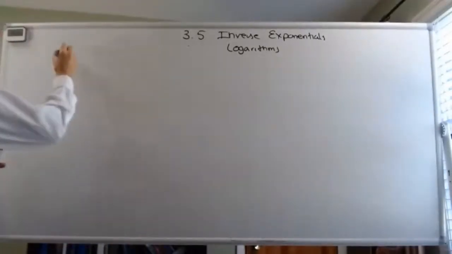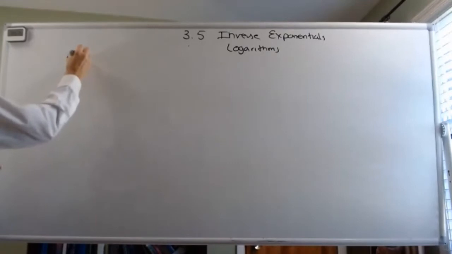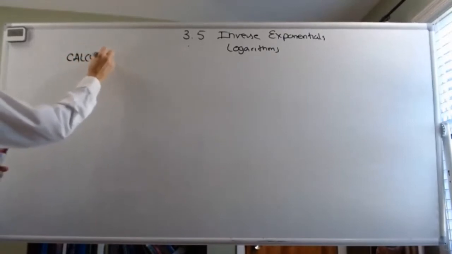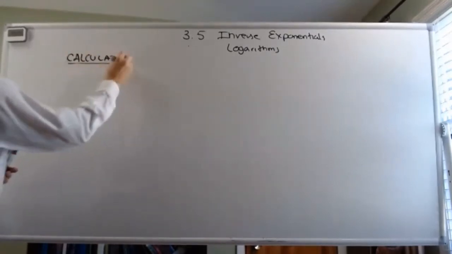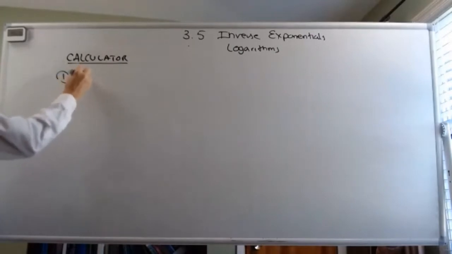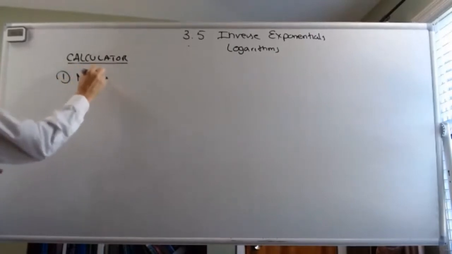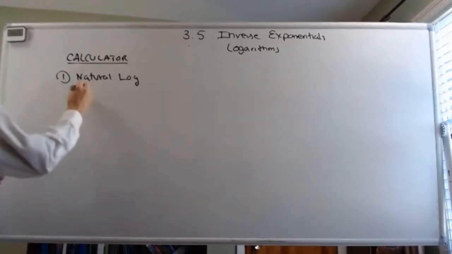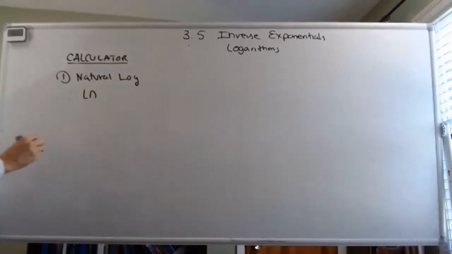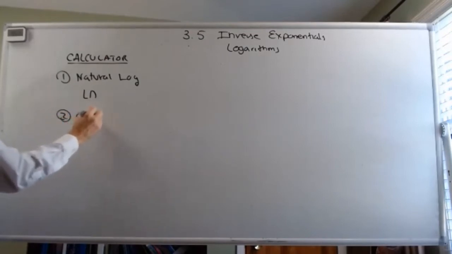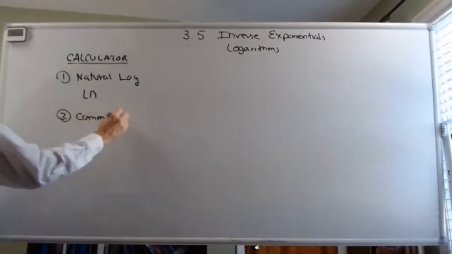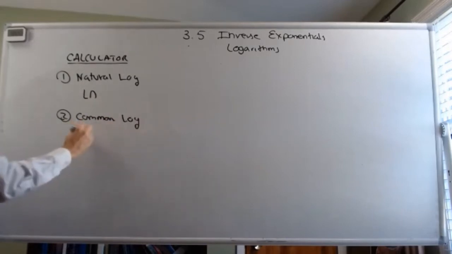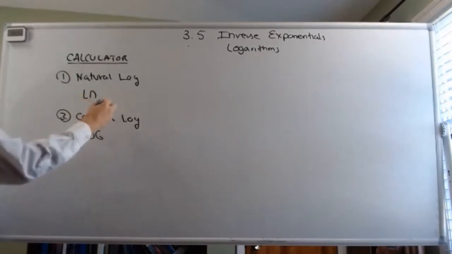On your calculator, you either have what we call the natural log function, which is an ln function, or the common log function, which is log. Now what is that?